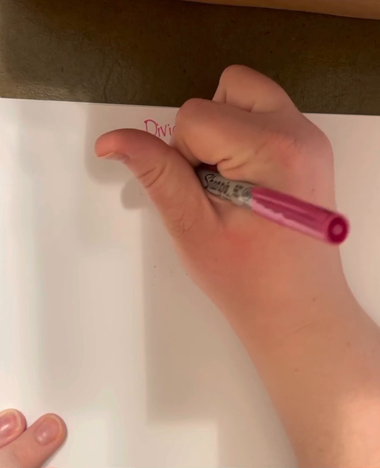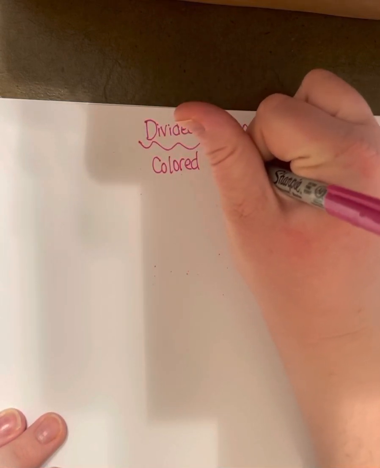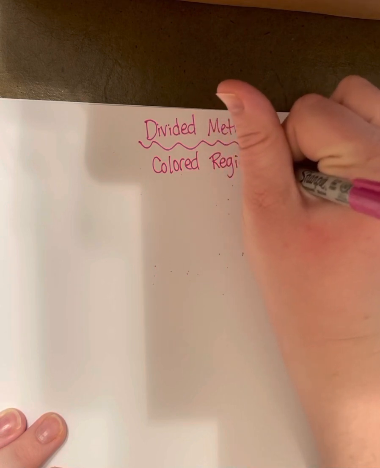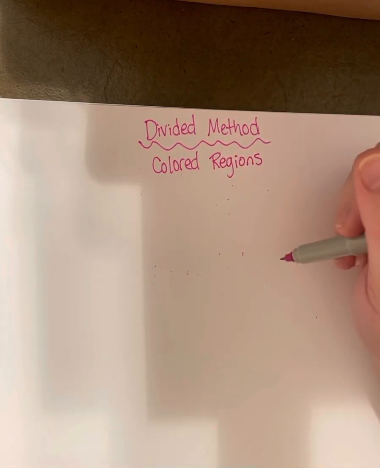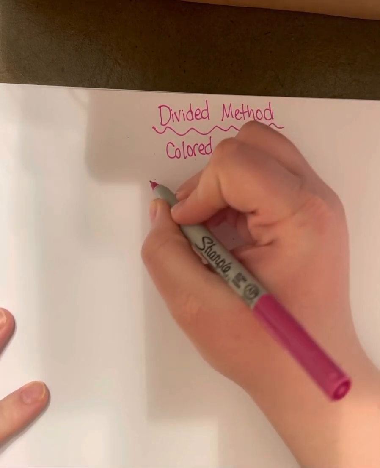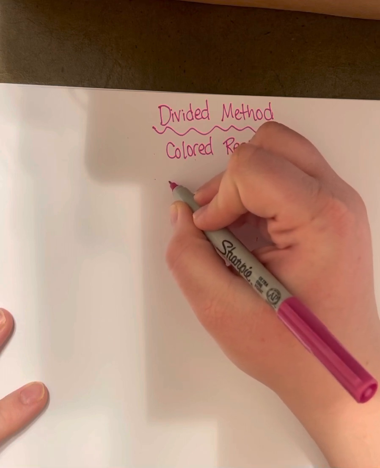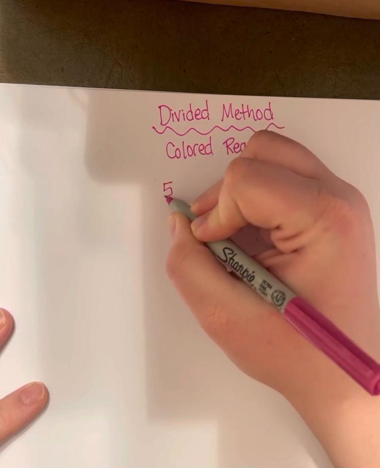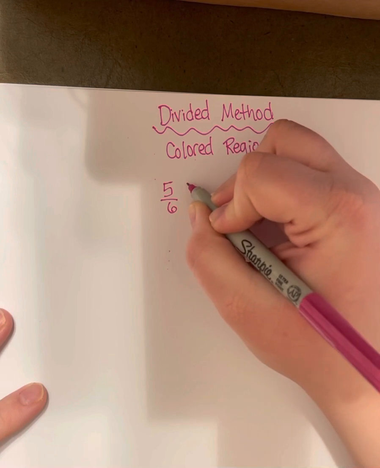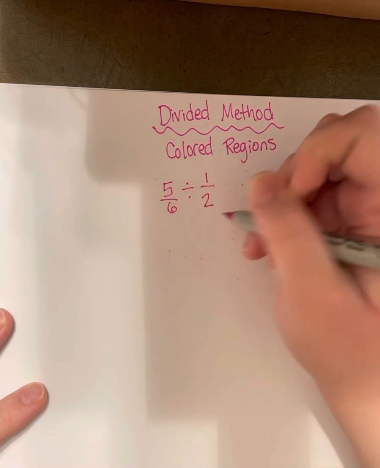And we are going to be looking at colored regions, which sometimes can be labeled as the area model, as we did earlier. Okay, so our problem is going to be 5 over 6 divided by 1 over 2.